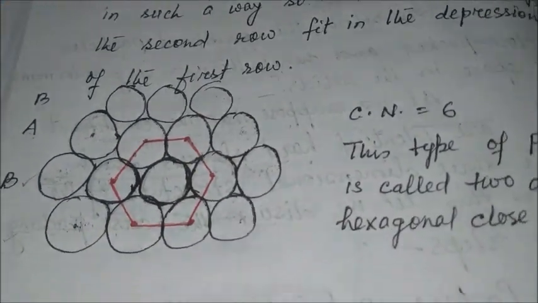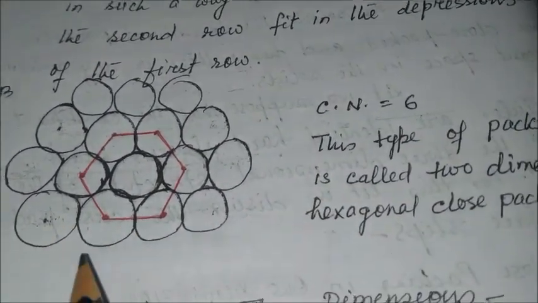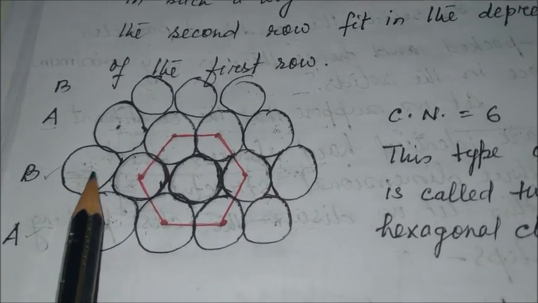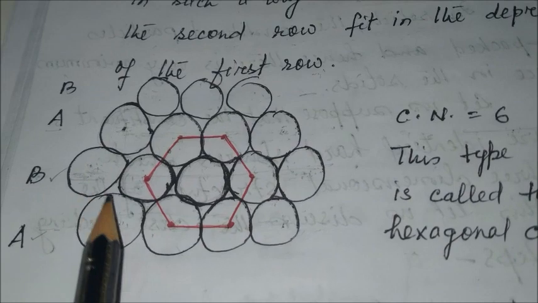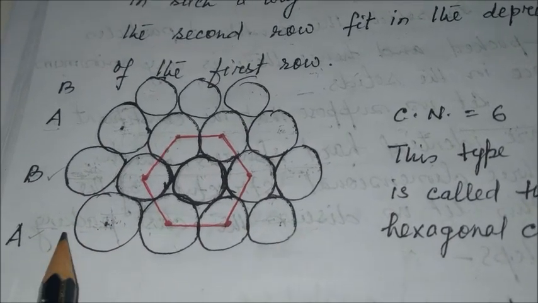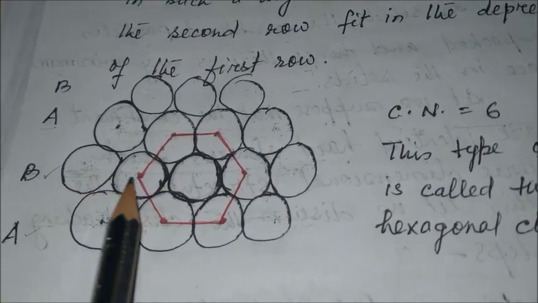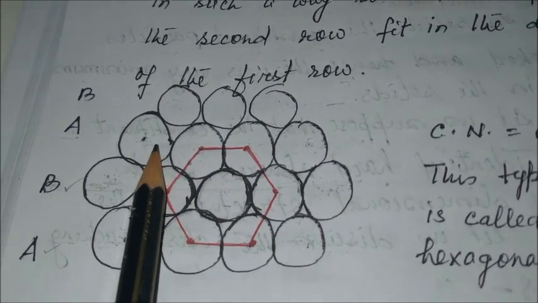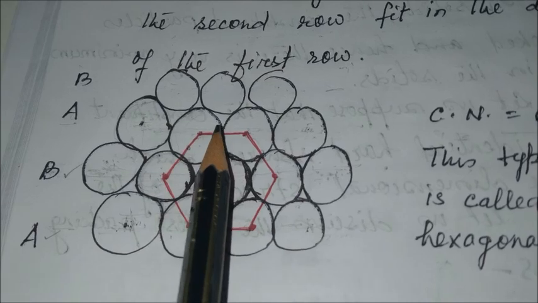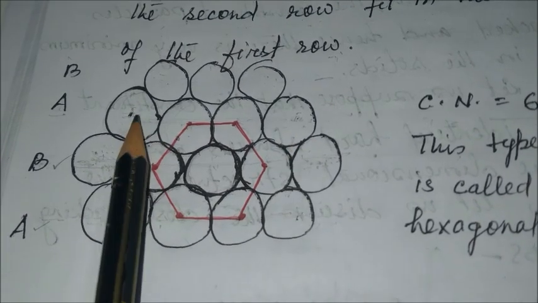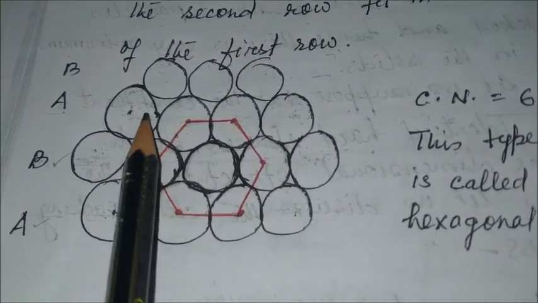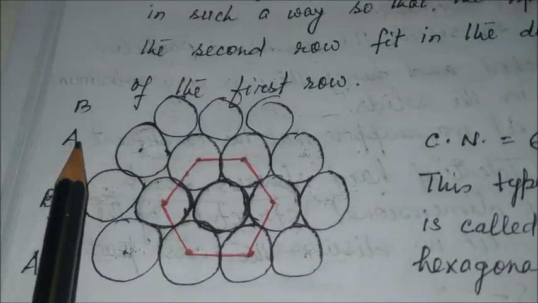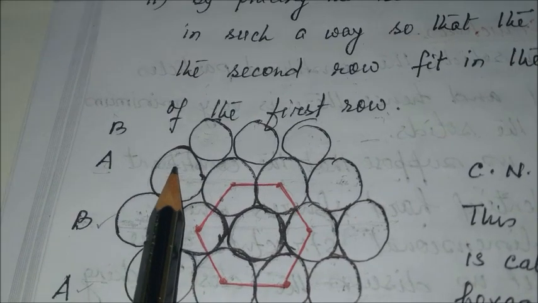So here the arrangement is, suppose the first row is A type and the second row is different from the first, so suppose it is B type. Now come to the third row. This third row arrangement has similarity with the first row, therefore it is also A type.